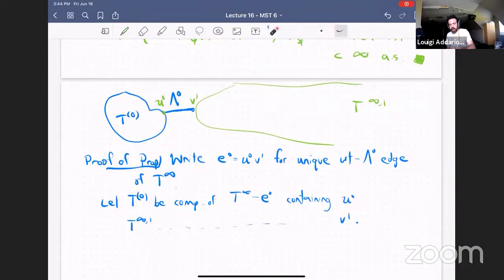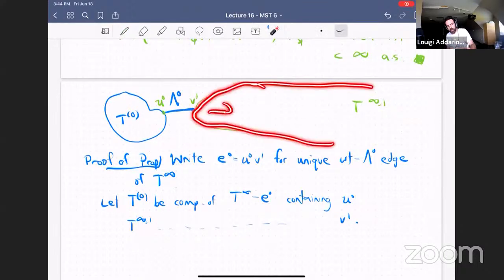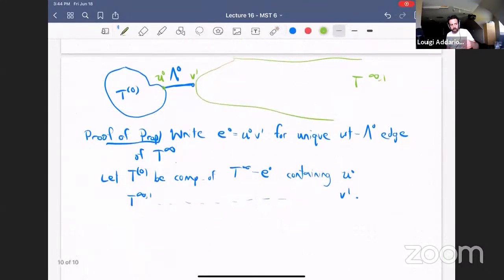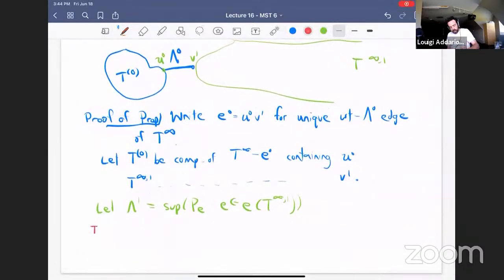Now I want to look at the largest weight edge that's ever added in T infinity 1 by Prim's algorithm. So I'll let lambda 1 be the largest weight PE, where E is an edge of T infinity 1. Now we can likewise derive the distribution of lambda 1. It's easier to write down the conditional distribution of lambda 1 given lambda naught.